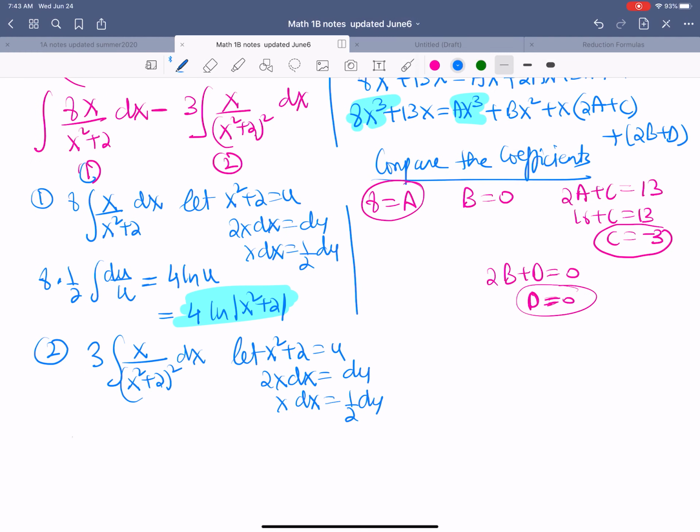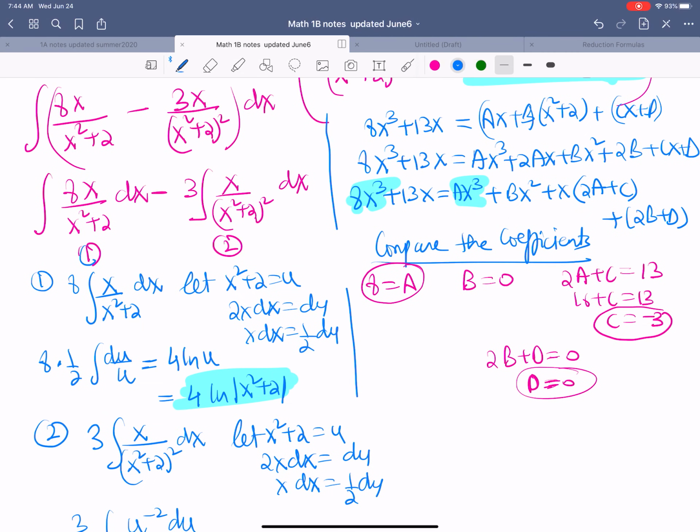So this integral turns out to be u to the negative 2 du, which is u to the negative 2 plus 1, negative 1, and then you divide by the negative, which comes out in front of the 3/2. So it's negative 3/2 times (x squared plus 2) to the power negative 1.